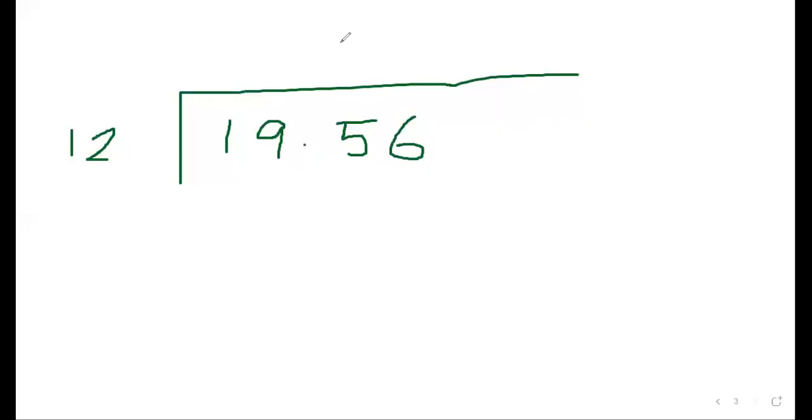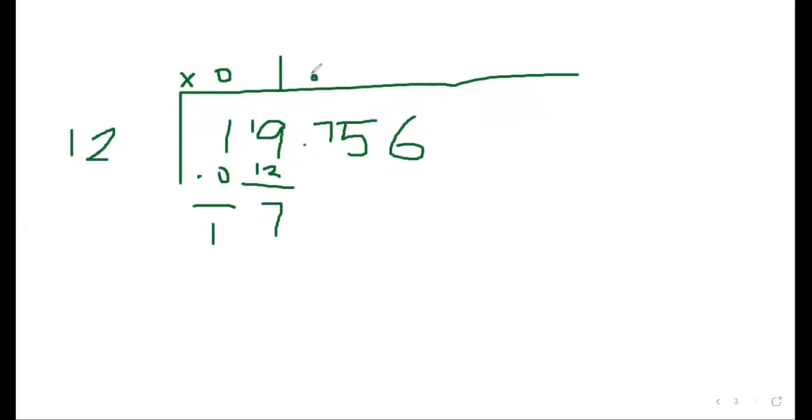Okay, just last one more. Now 1 divided by 12 is 0. So 1. I'll put 1 there. 19 divided by 12 is 1, which is 12. So this will be 7. And then I'll put 7 here. So 75 divided by 12, which is 6.